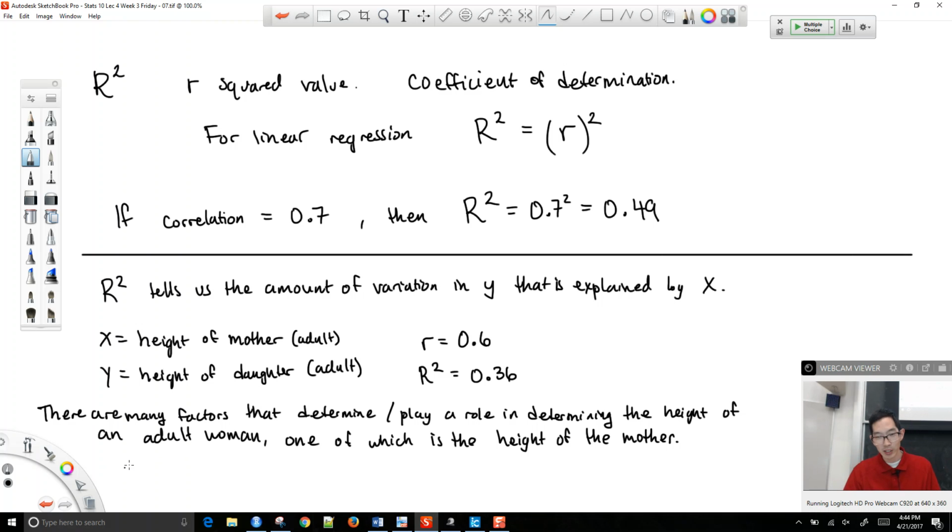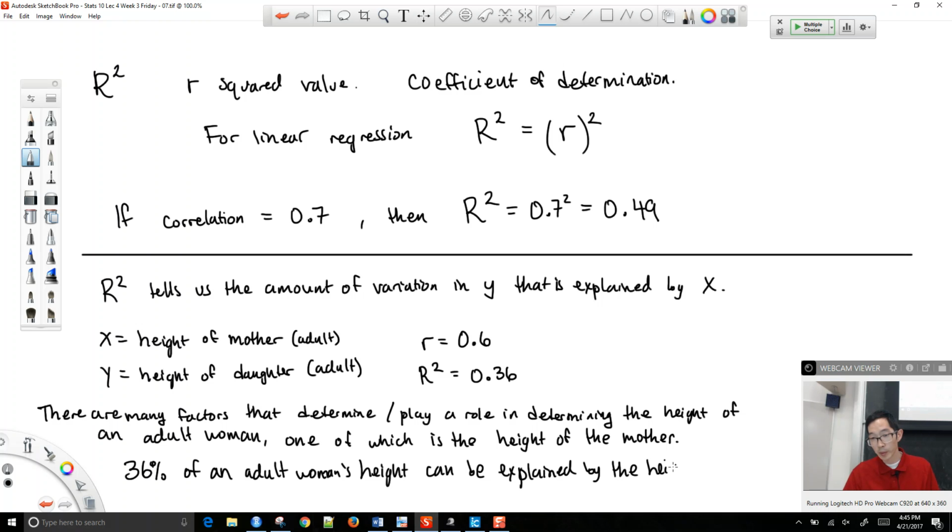So we can say about 36%, and it's technically 36% of the variation, but basically 36% of an adult woman's height can be explained by the height of the mother.